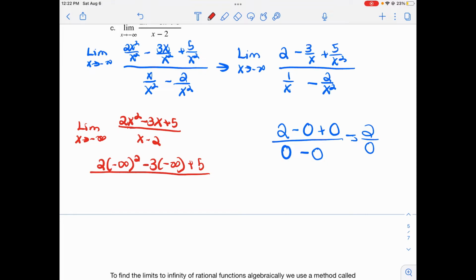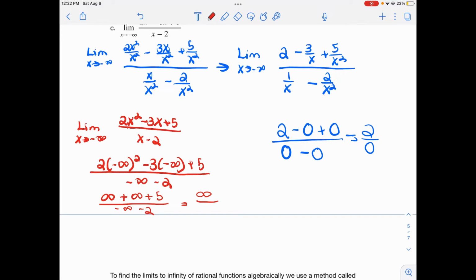If we can describe what's happening to our function, we can figure out if we're going to infinity or negative infinity. So if I take negative infinity and square it, that gives me positive infinity. Times 2 is still positive infinity. Negative 3 times negative infinity gives me positive infinity, and then plus 5. Infinity plus another infinity plus 5 is just infinity.